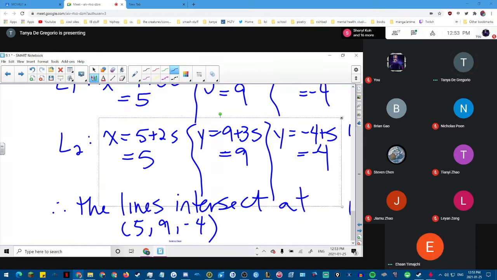Cool? If you find the values and after we check, they give us two sets of different values, that means these lines are parallel or they don't intersect. If it gives us two different sets of coordinates, then they're not intersecting.